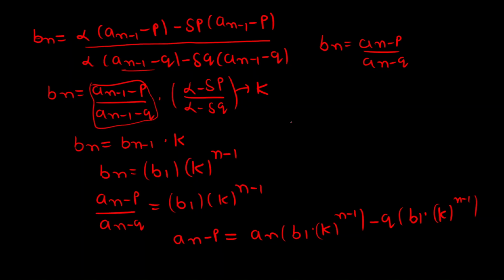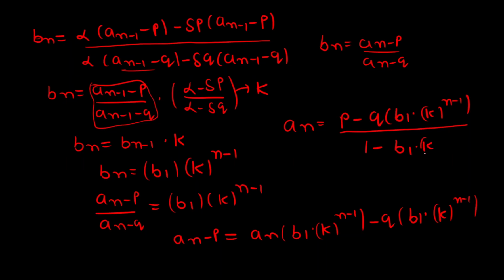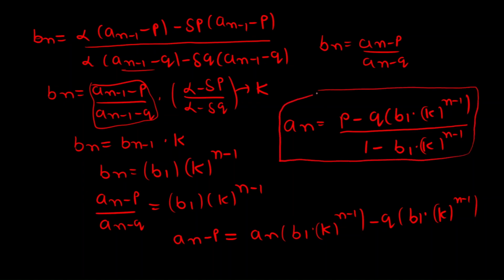Now from here I'll get an is equal to p minus q into b1 times k power n minus 1 divided by 1 minus b1 times k power n minus 1. This is our closed form solution for an if we use this method.